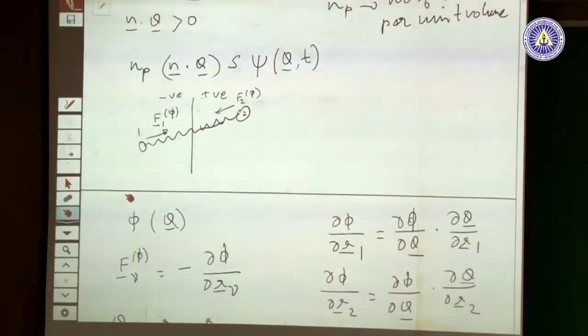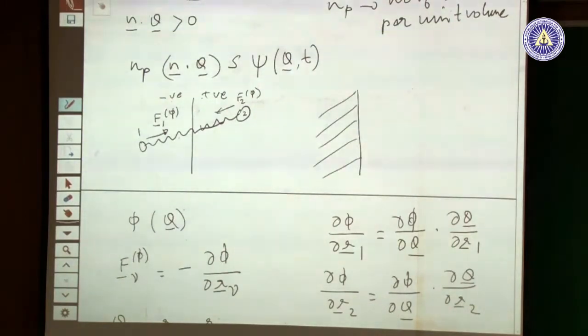Now, we have to ask what is the force that the material on side 1, or on the negative side, is exerting on the material on the positive side. The way to understand this is we replace this negative side by some kind of continuum.